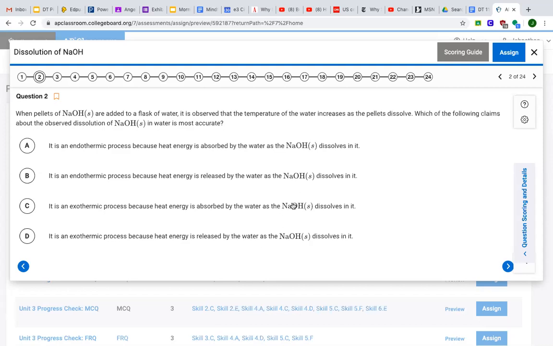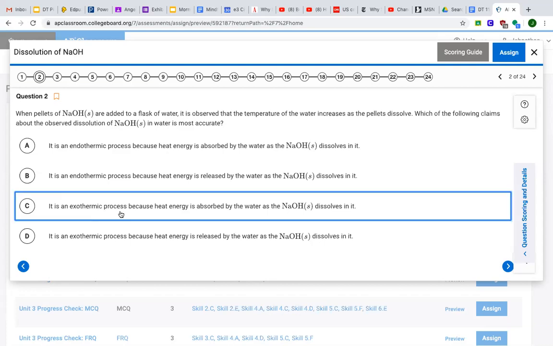So essentially, when this sodium hydroxide gets solvated, it just releases heat. And so that makes the correct answer C, because this dissolution is releasing heat into the water. Okay. And let's see, do I get to double check on this one?